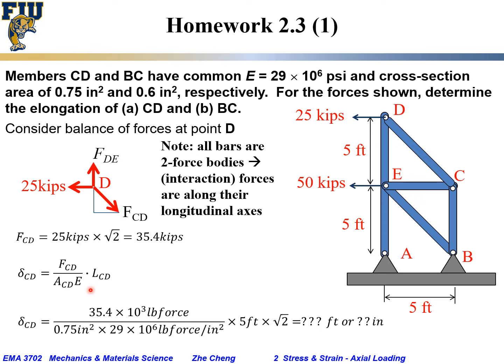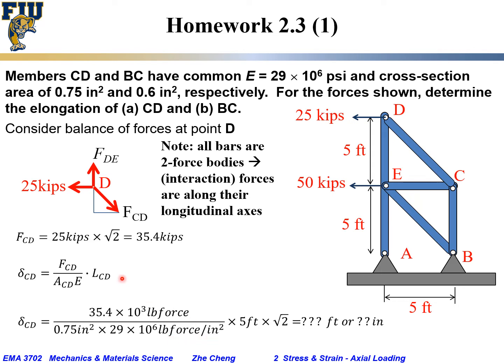So now let's plug the numbers in. FCD, from above, is 35.4 kips, which means 10 to the power of 3 pound of force. And what's in the denominator? ACD. We said the cross section for CD is 0.75 inch square. And what is E? We said both CD and BC have common elastic modulus, which is 29 times 10 to the power of 6 PSI, or pound force per square inch.